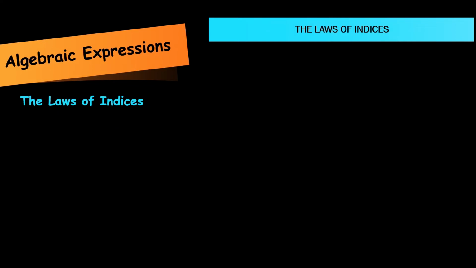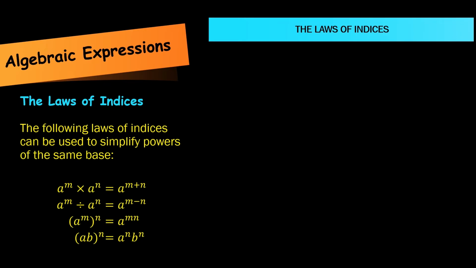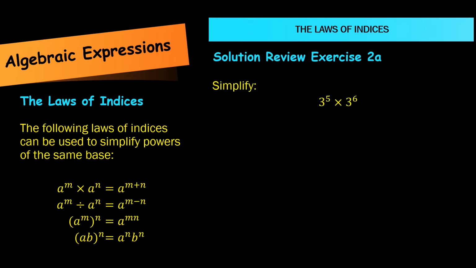We will now look at the laws of indices. The laws of indices shown on your screen can be used to simplify powers of the same base. Let's have a go at exercise 2a. Simplify 3 to the power 5 multiplied by 3 to the power 6.